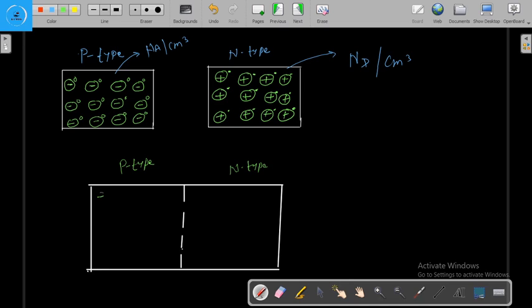So let me draw here. Now we will see what happens when a p-type semiconductor comes in contact with an n-type semiconductor.